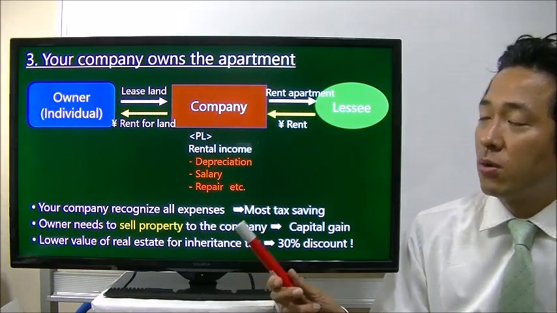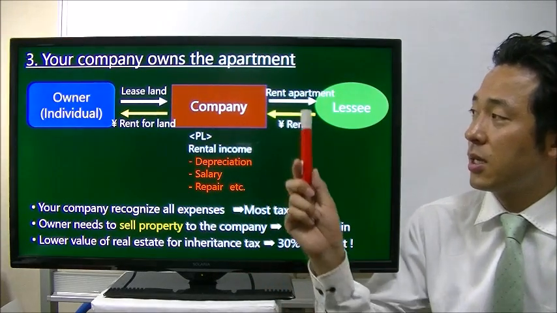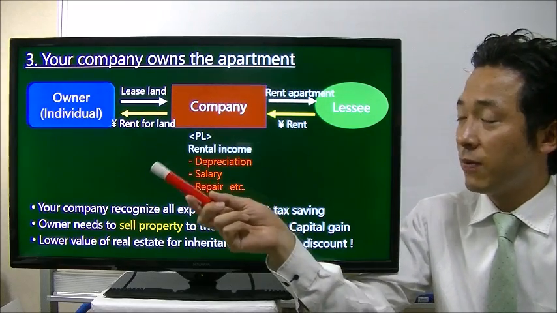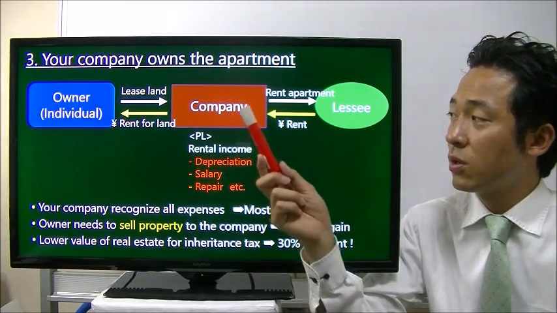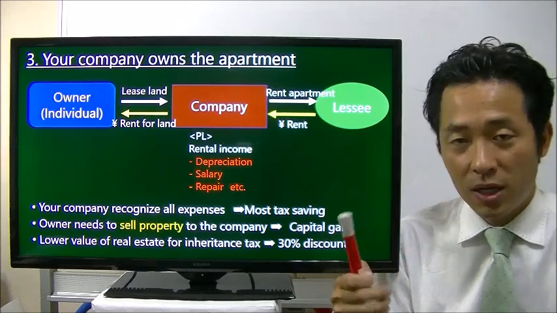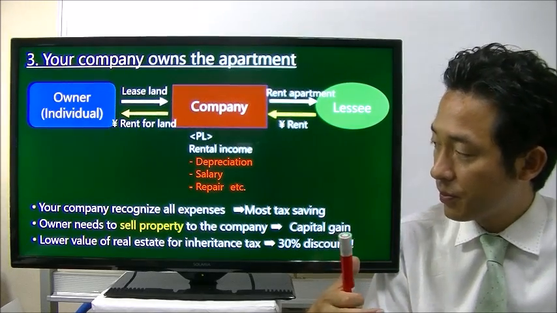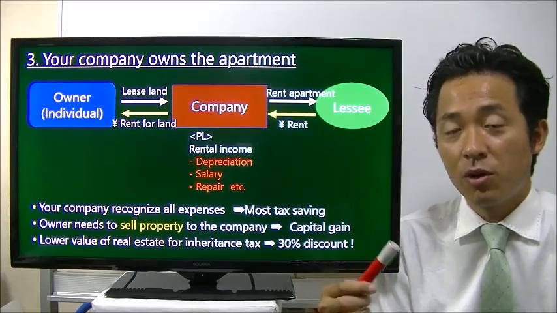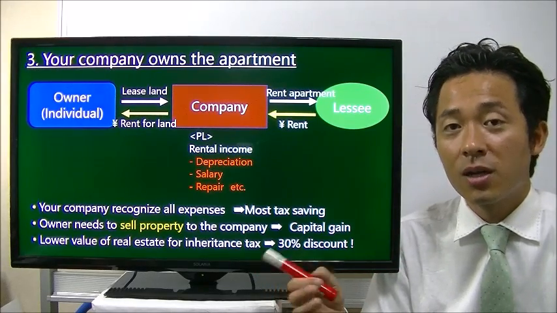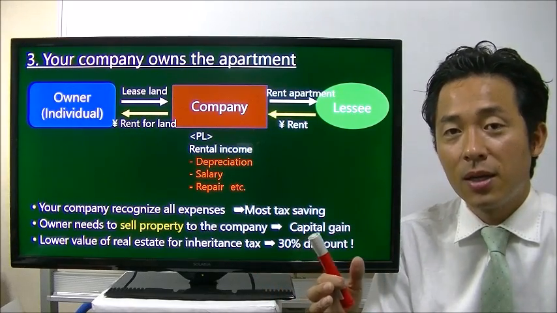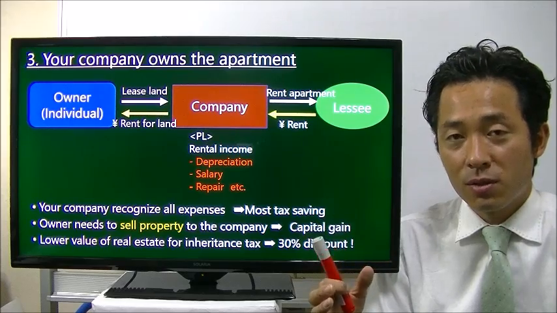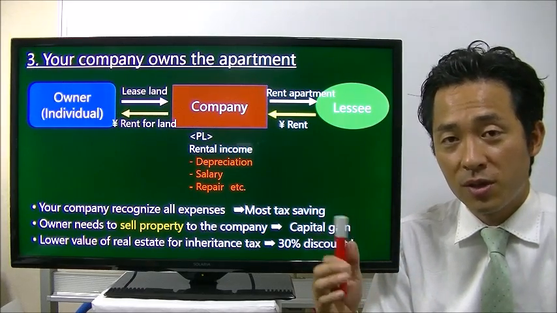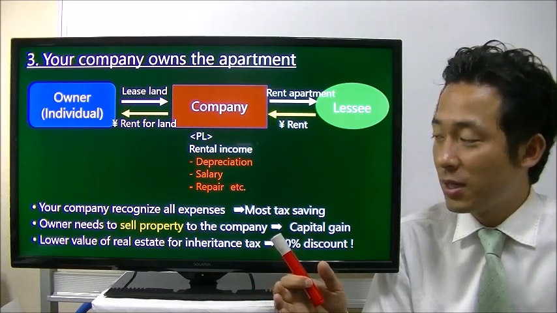So all this is like all profit income is shifted from you to your companies. That's why it's most tax effective. But you have to be careful that when you sell your property to your company, you have to sell it at the market price. So you may need to recognize the capital gain and pay the tax. So you should talk with your tax accountant before you do it.